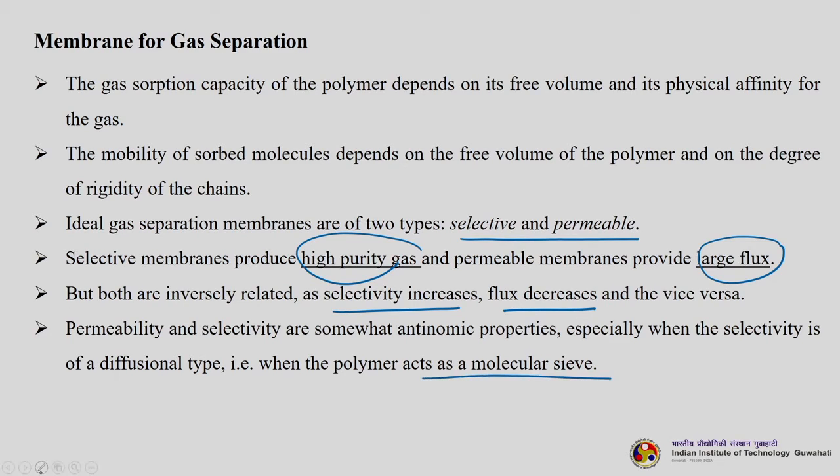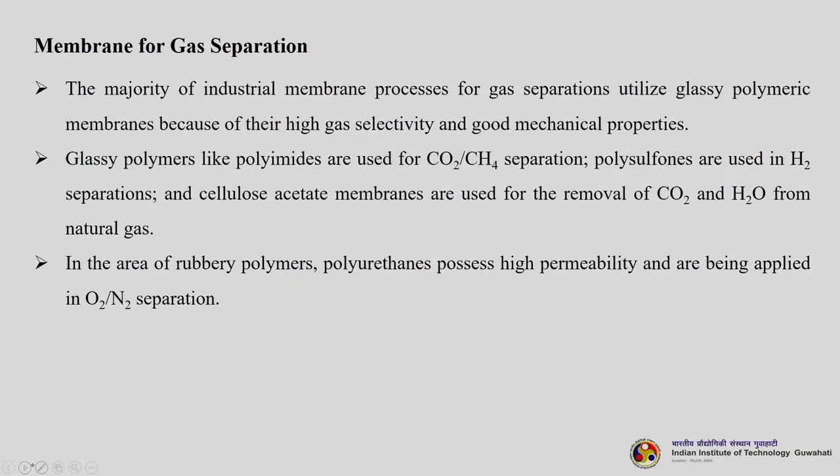So, when diffusional transport is happening, the polymer material itself behaves just like a molecular sieve, so some sort of sieving mechanism is happening. The majority of industrial membrane processes for gas separation utilize glassy polymeric membranes because of their high selectivity and good mechanical properties. So, mostly they are glassy polymeric materials.